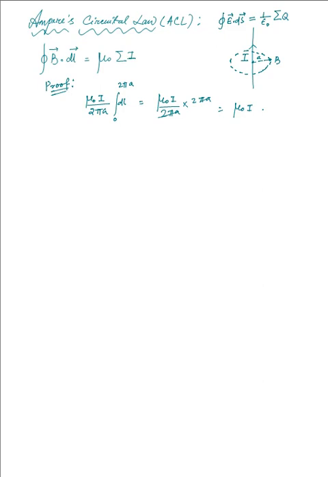Well, we also had the Biot-Savart's law for sure, but this is another way of obtaining the magnetic field associated with a conductor. Now, in the case of a straight conductor, we can go the reverse way and obtain the magnetic field intensity from the total amount of current taken within that Amperian loop.